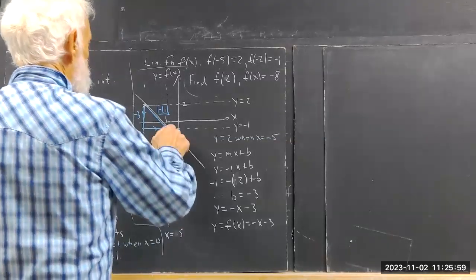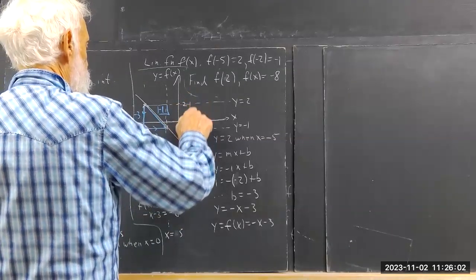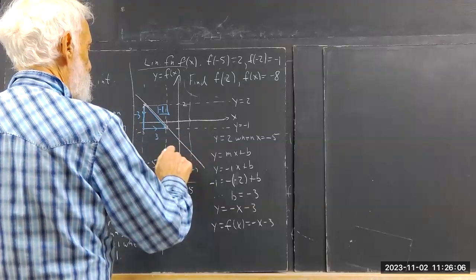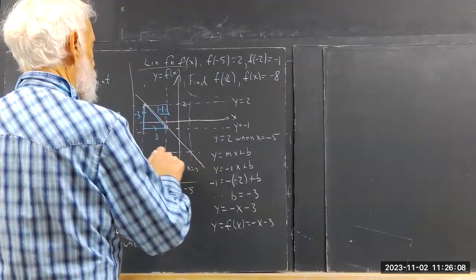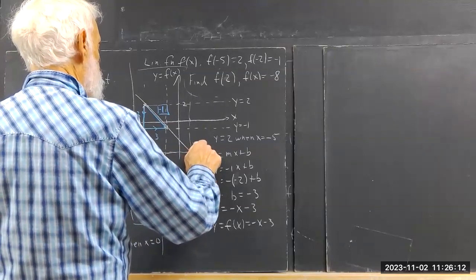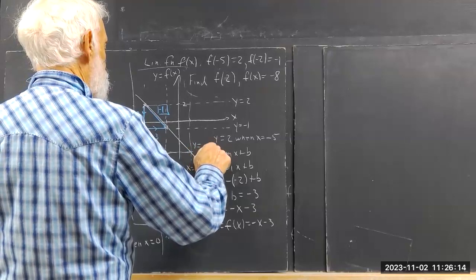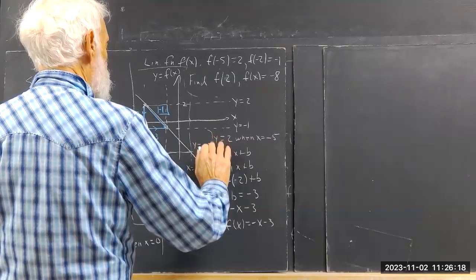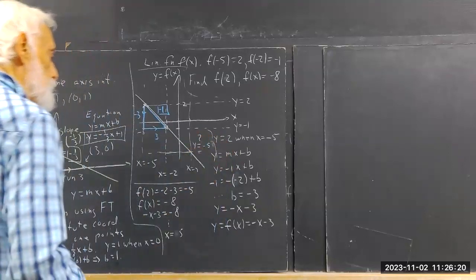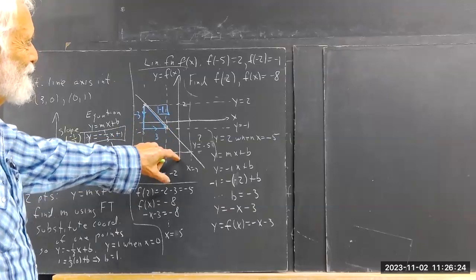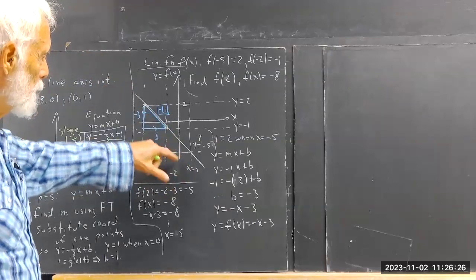Okay, well, if 2 is here, here's x equals 2. Is it reasonable for this line to be y equals -5? And yeah, if this is 2, then the line doesn't quite have the right slope.